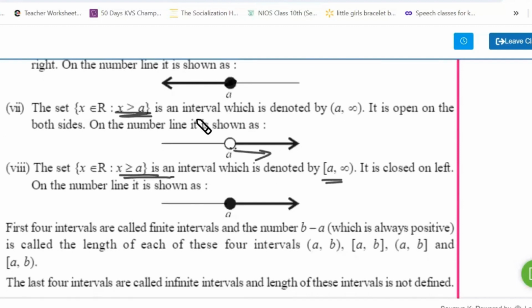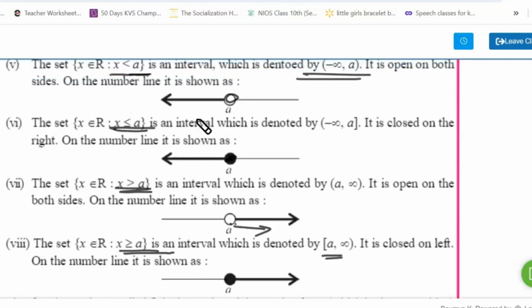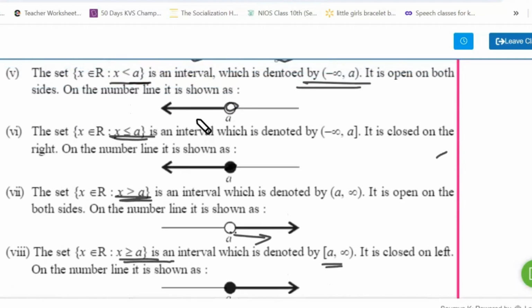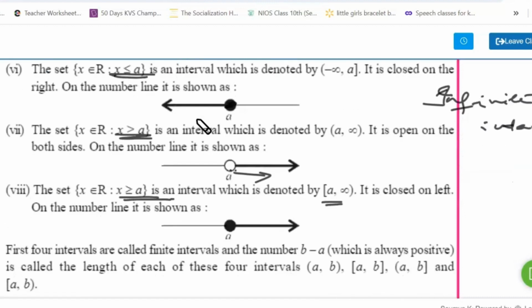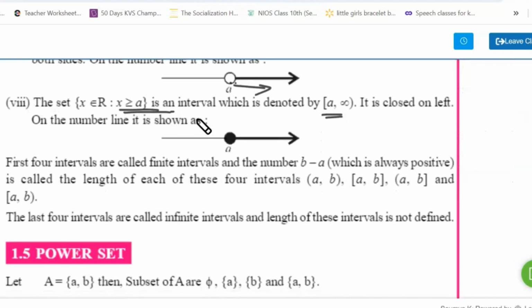So these last four, where you are using this infinite symbol, we call infinite intervals. The first four were finite intervals. So these are the different types of intervals that are to be used. And if you see, the length of each of the four finite intervals is like this.